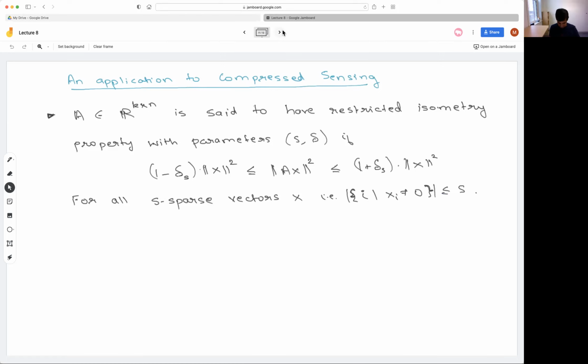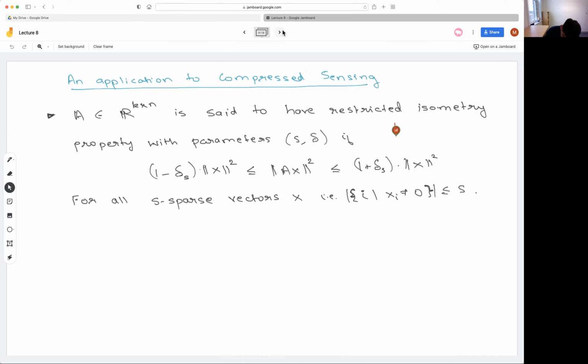In compressed sensing, what we are trying to do is again a sort of dimension reduction, but for a special kind of vectors. So if we have a vector x in n dimensions, a large dimensional space, we don't want to store the vector x, but we just want to store the vector A times x for some matrix A, which has many fewer rows than columns.